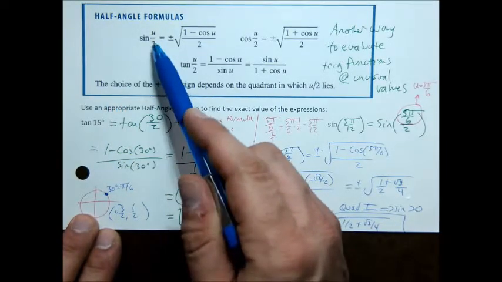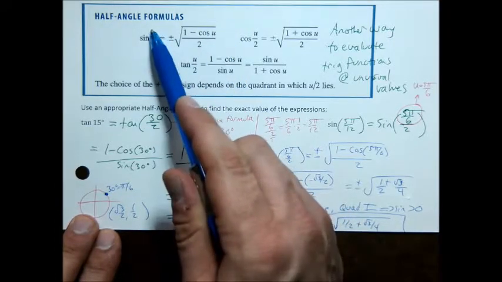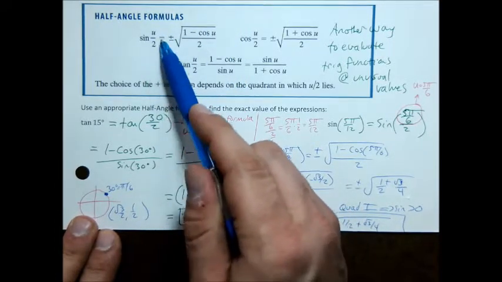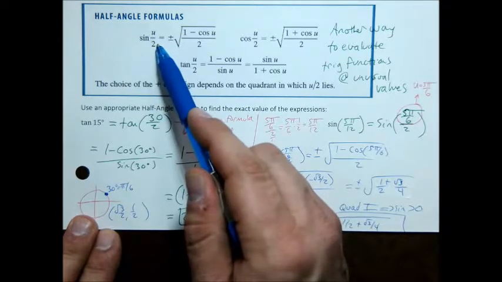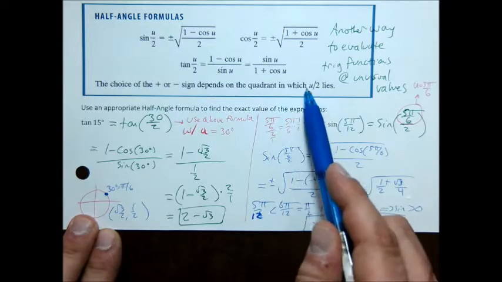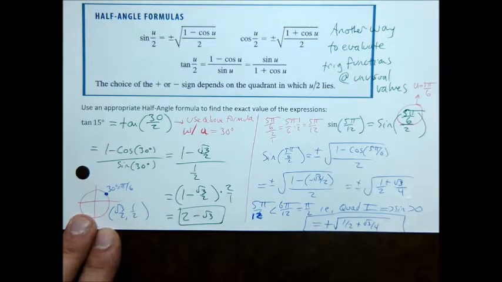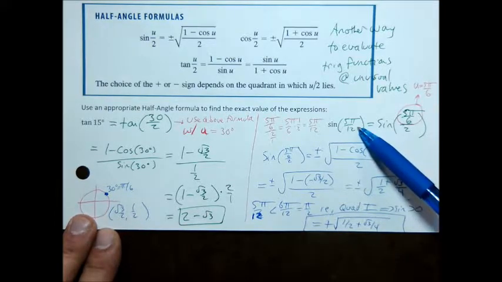It says the sign is plus or minus square root. And so we're trying to think about what quadrant is u over 2 in. And so the original, right, the original thing we're looking at. And that's what it says here. It depends on the quadrant where u over 2 is located. And so u over 2 in our case was the original 5 pi over 12. And so I'm trying to think, where is 5 pi over 12?